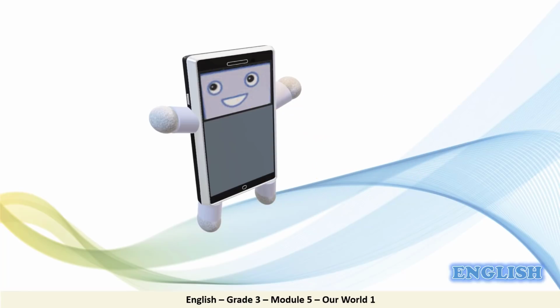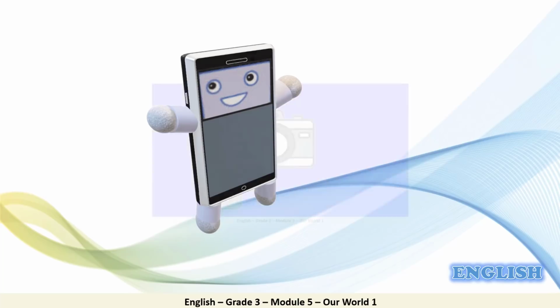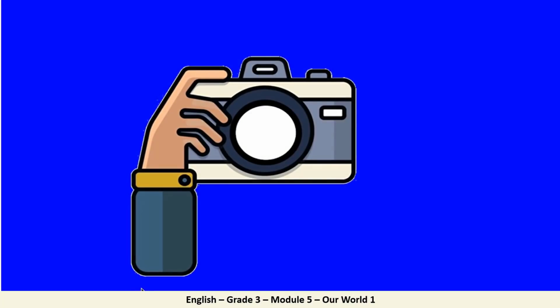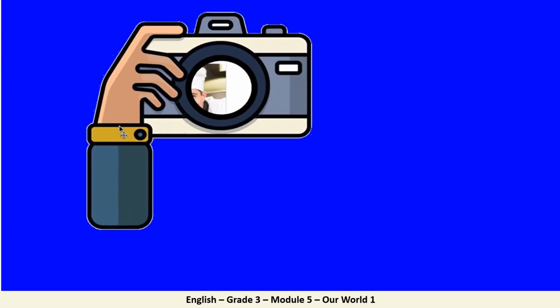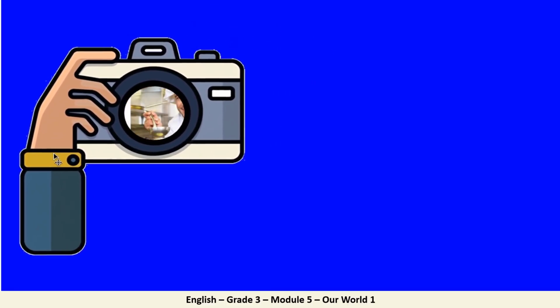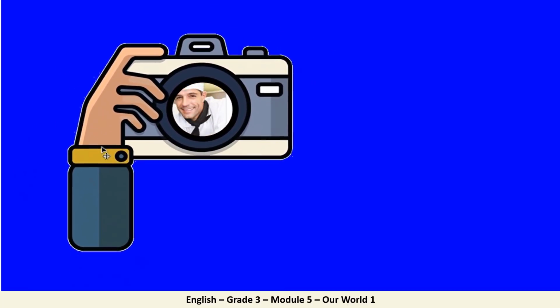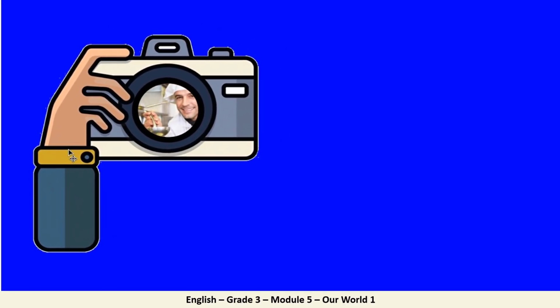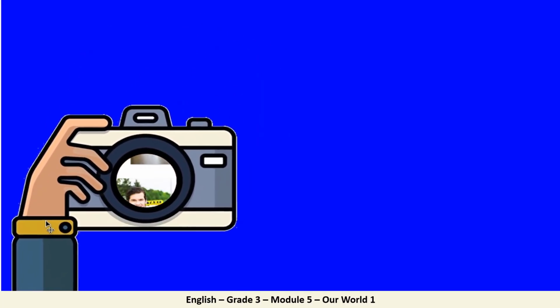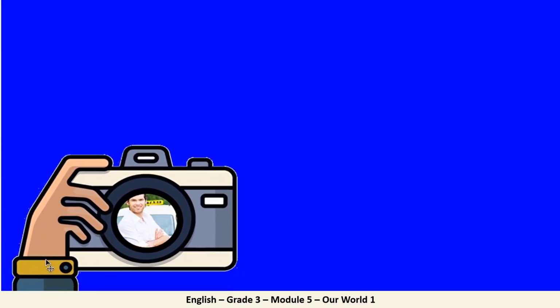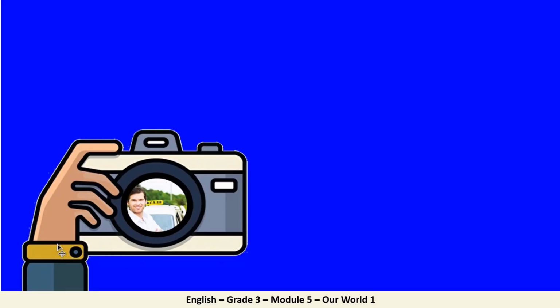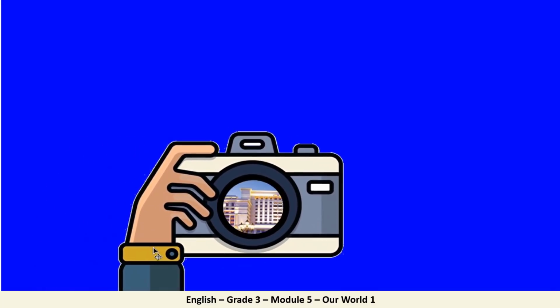Now help me figure out what is behind the camera. Now let's have a look together what's behind the camera. Oh, he's a man. He's cooking. Probably he's a cook. What about this one? He's a man, and there is a taxi. Oh yes, a taxi driver.